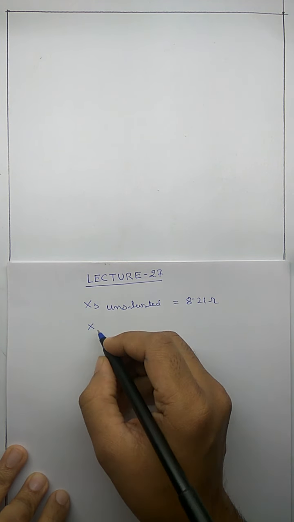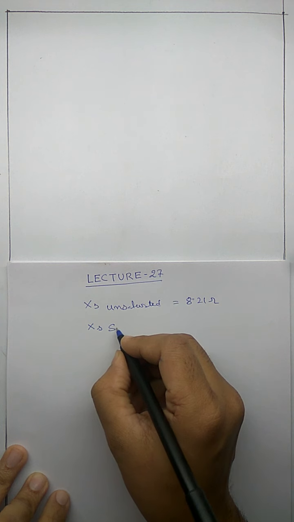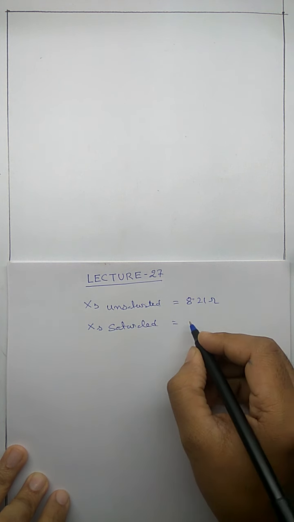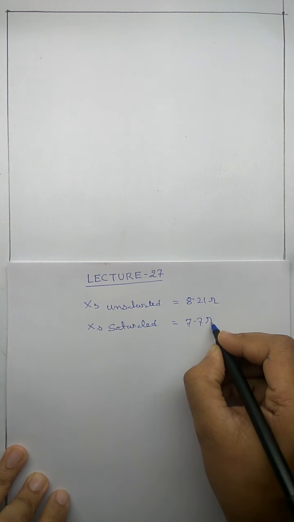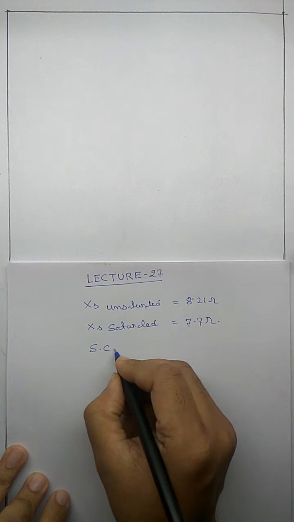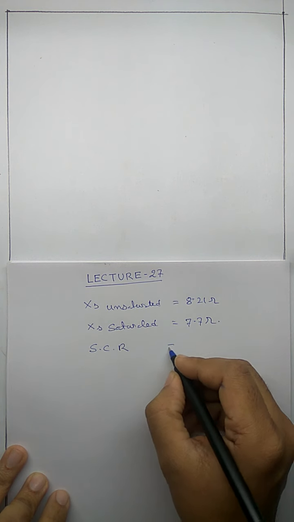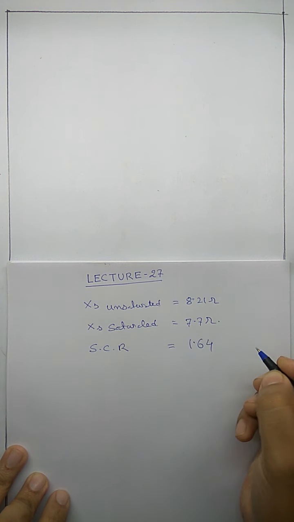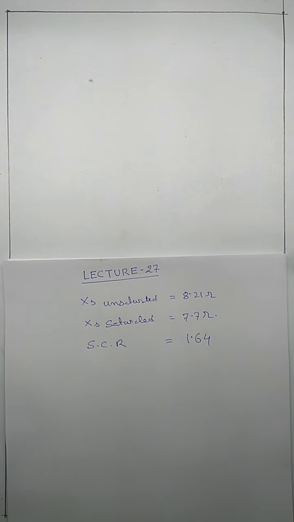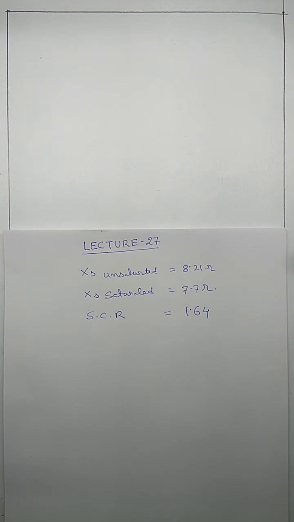We have calculated the saturated value of synchronous reactance, that is 7.7 ohms, and we have also calculated the short circuit ratio, that was 1.64. You may revisit the previous lecture to recap what we have done and how we have calculated this.